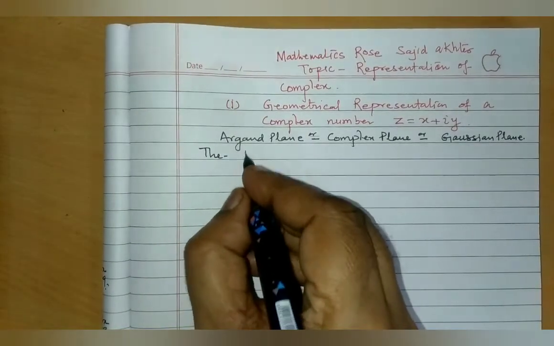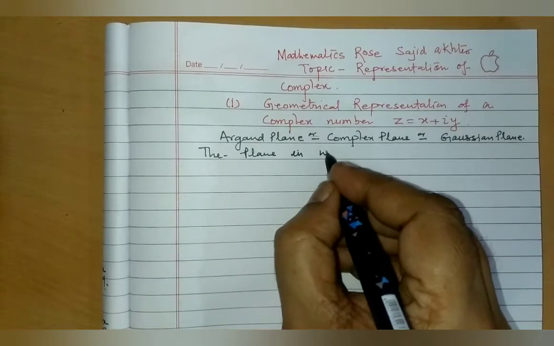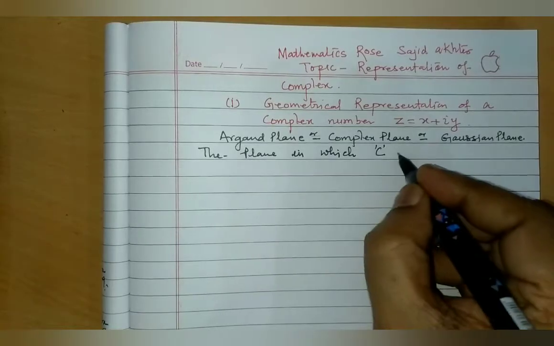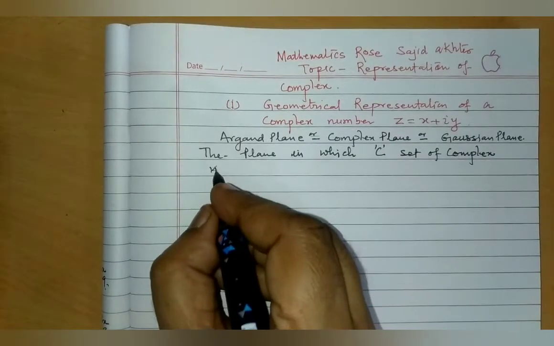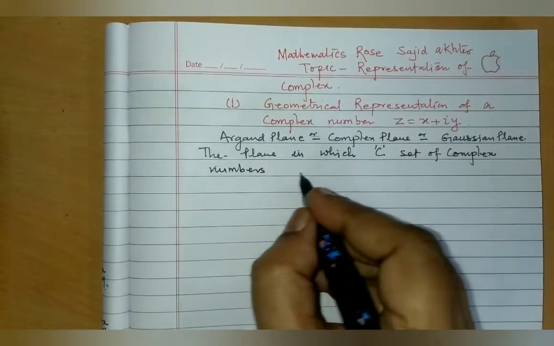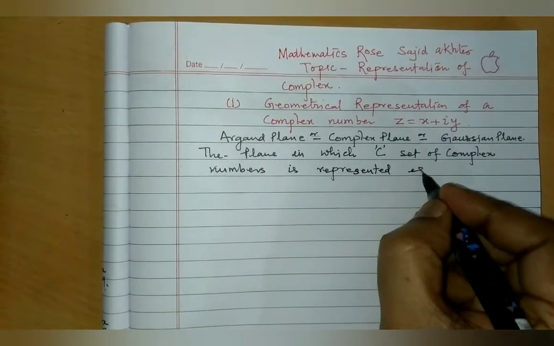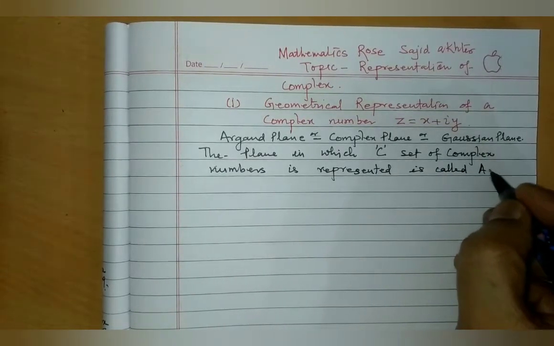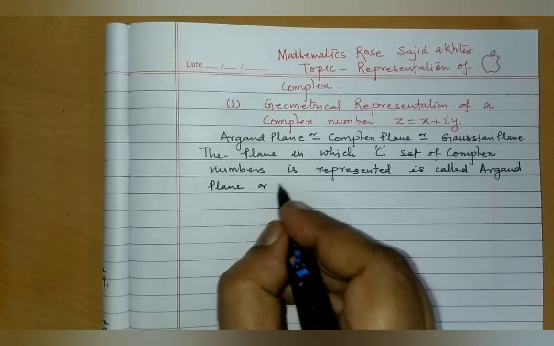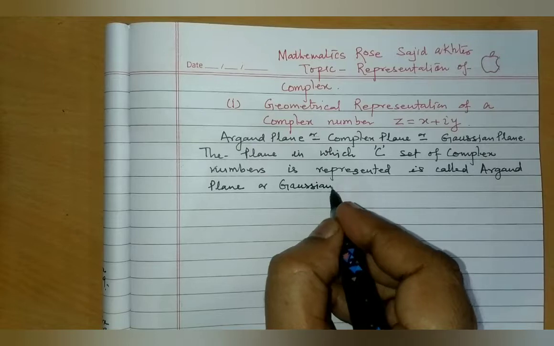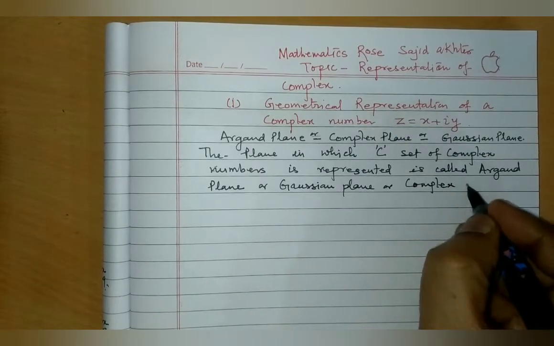The plane in which the set C of complex numbers is represented is called Argand plane or Gaussian plane, or it is also known as complex plane.